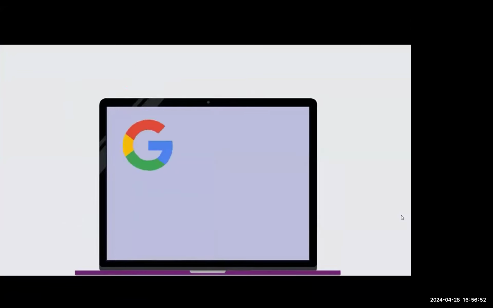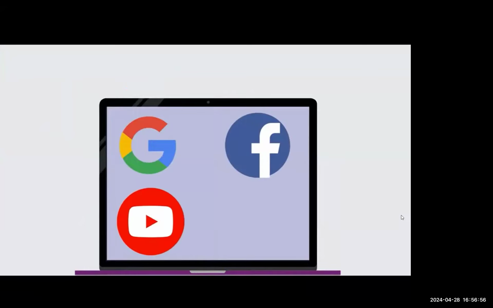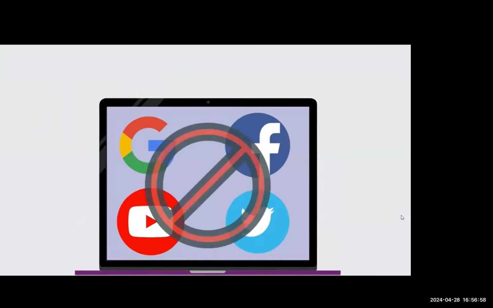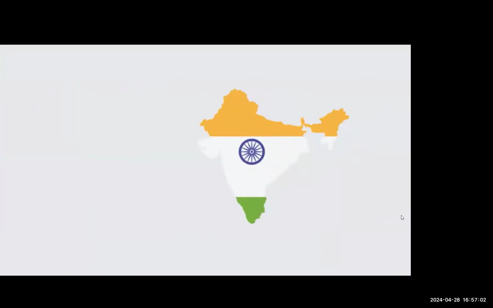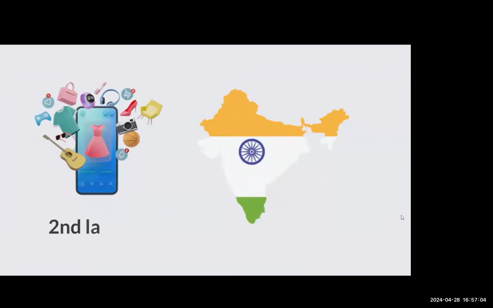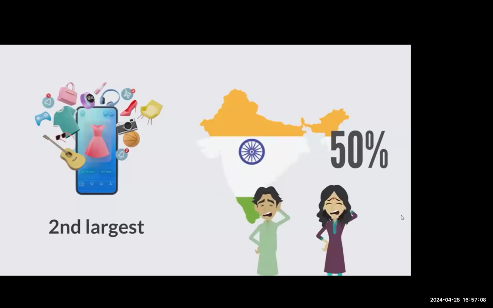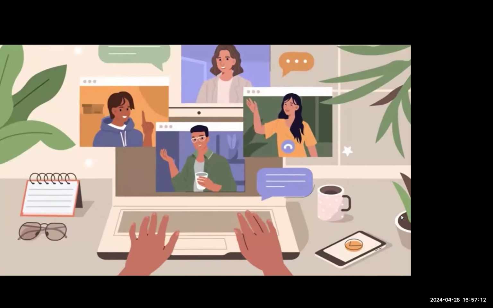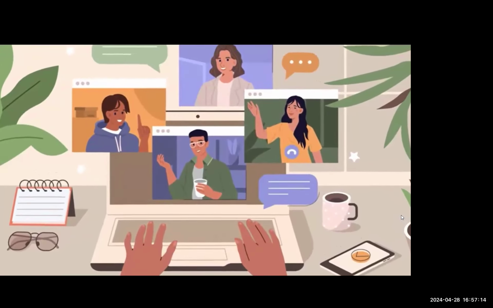Many sites like Google or social media platforms, Facebook, YouTube, and Twitter, are blocked in the country. As for India, despite having the second largest online market in the world, 50% of people have no access to the Internet.